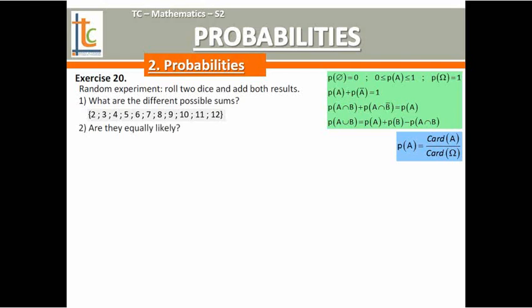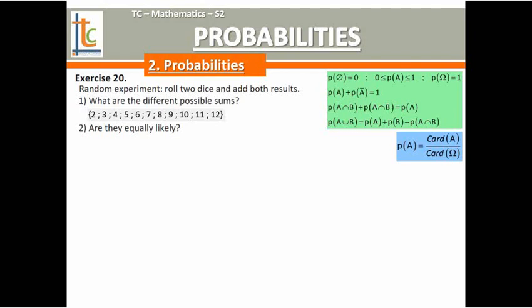Next question, are they equally likely? So, is it a sample space of equally likely outcomes? It's proven that not. They are not equally likely, and I have to explain it to you in detail. You want to roll 2 dice and add both results.